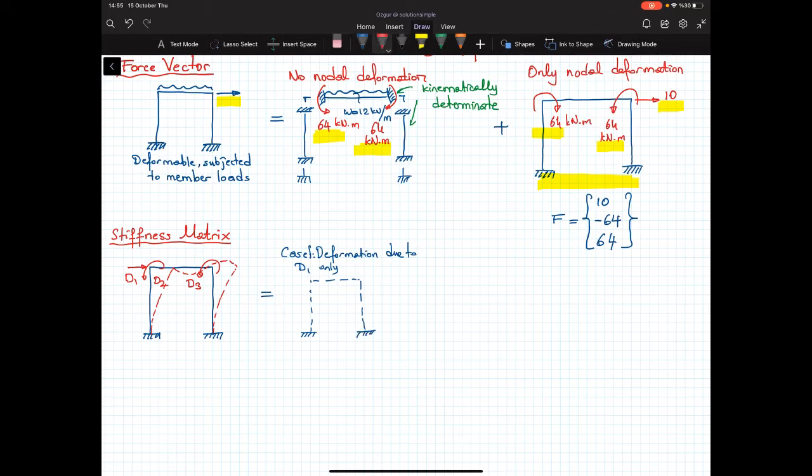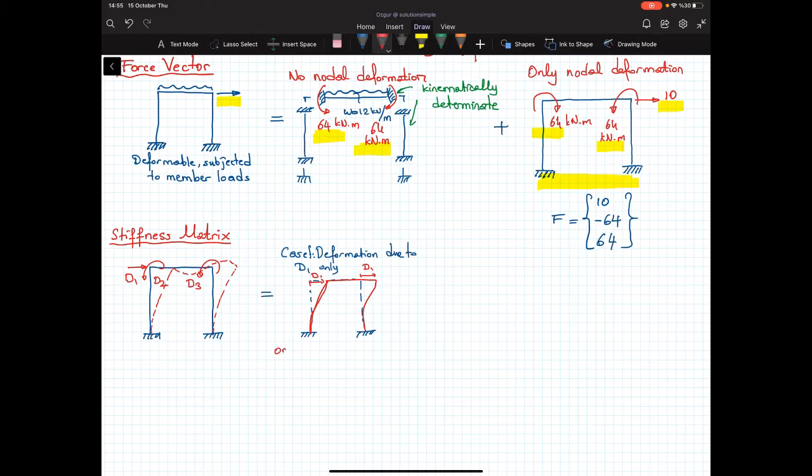So due to D1, we expect to see a deformation as follows. So we have only D1. That's the deformation caused by D1 only. The rest, D2 and D3, is equal to 0.